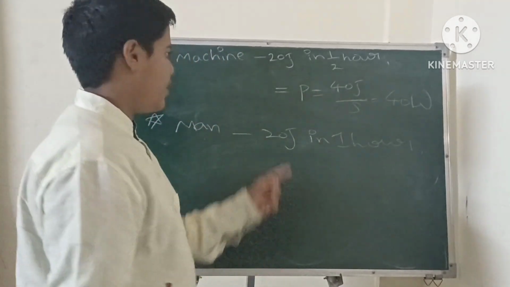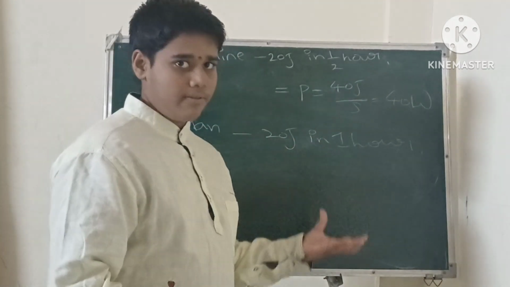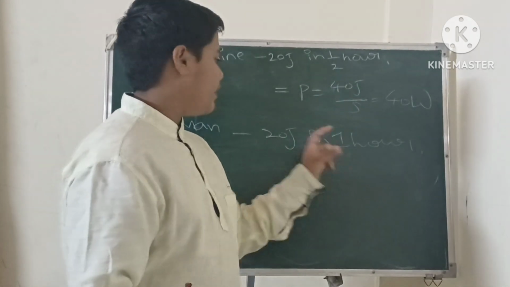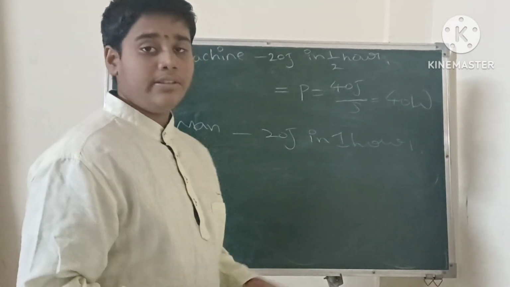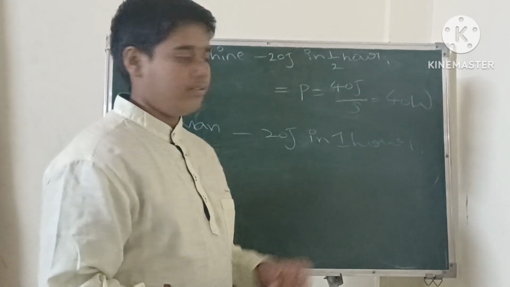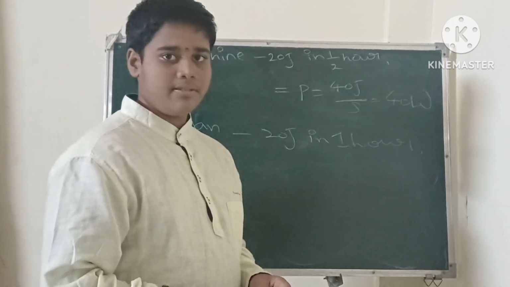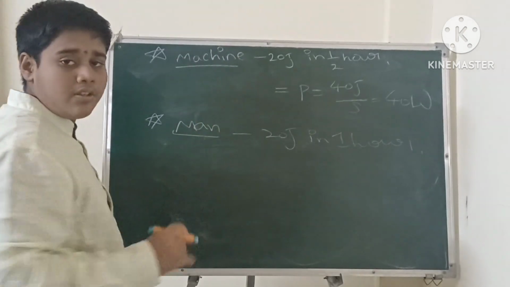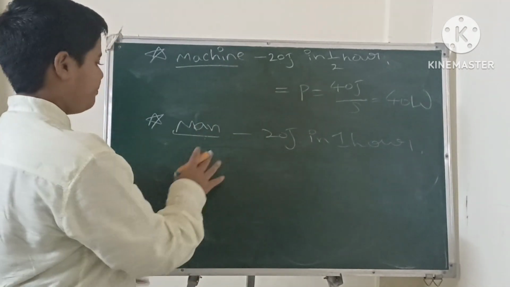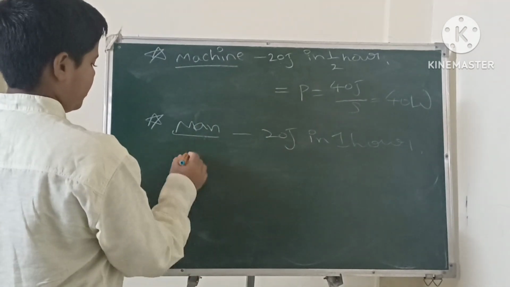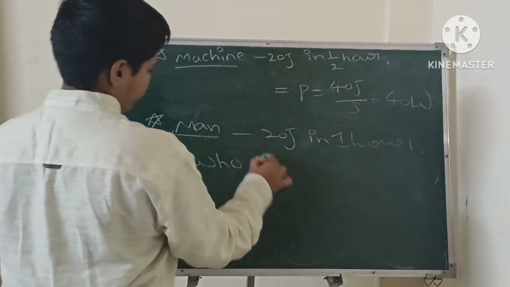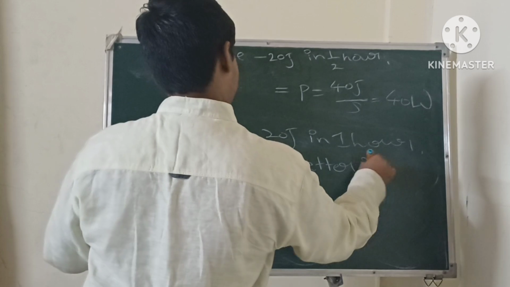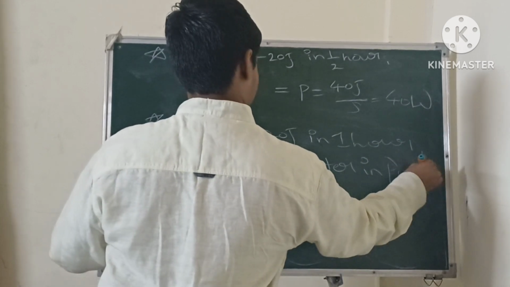In 1 hour, the machine does more work in less time, and the man does the same work in more time. So there is a lot of power difference. So in these two, who is better in power?